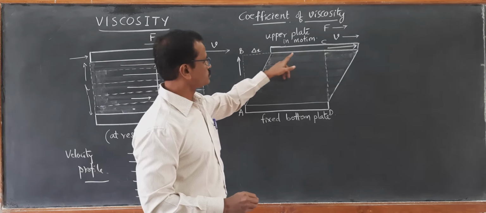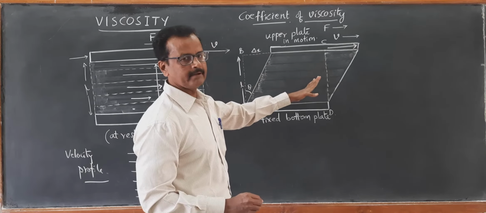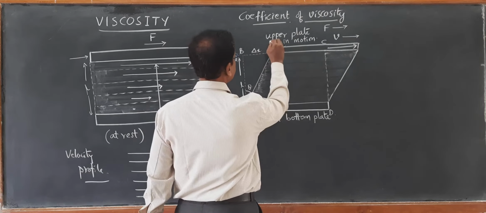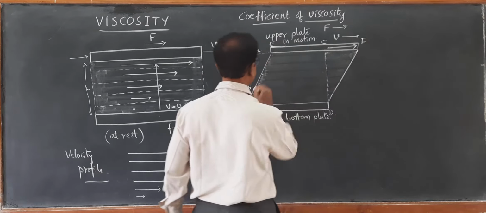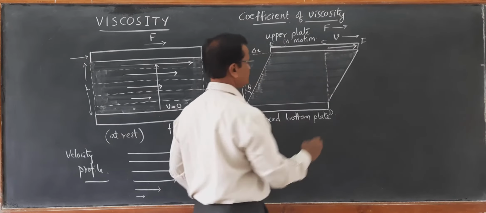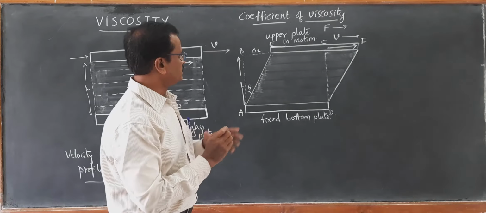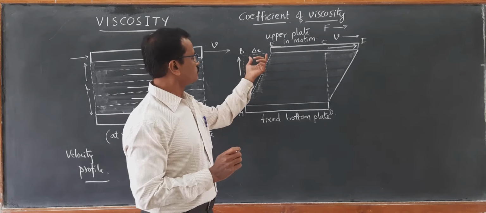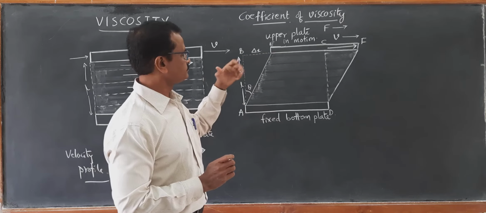The shape of the liquid between the two slides becomes AEFD. This is the shape after a small interval of time delta t, in which the liquid has moved through a lateral displacement of delta x.